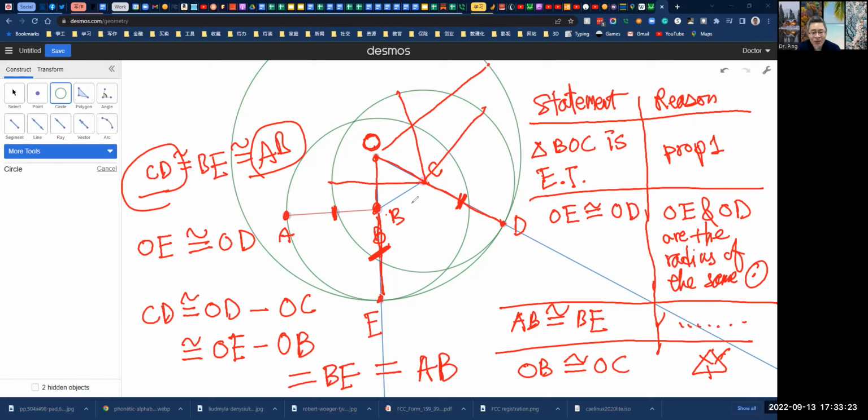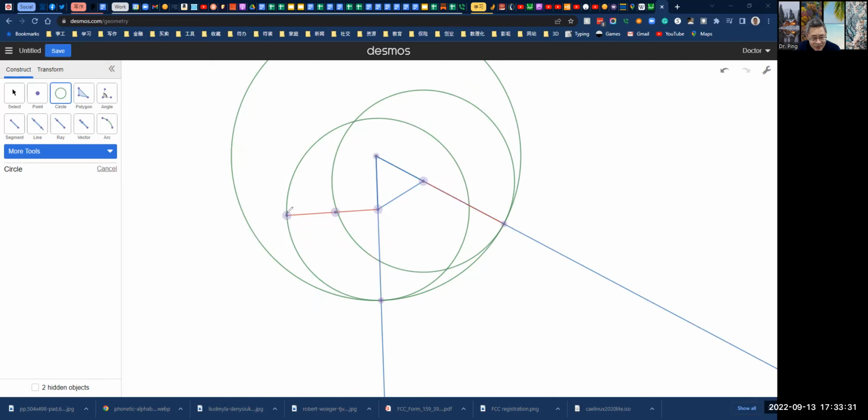They're all congruent to AB. So we basically copy that to any point and any orientation. We copy it down to here, and because we can draw a circle, we can move it this way, that way, that way. It doesn't matter which orientation you want.